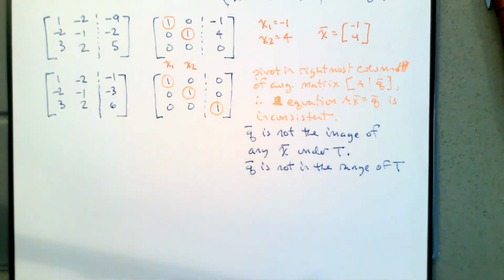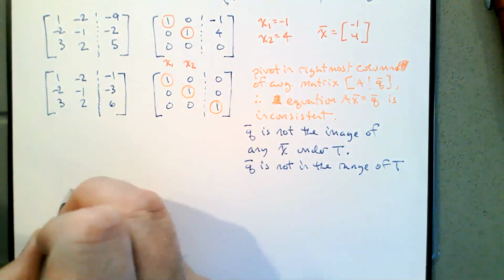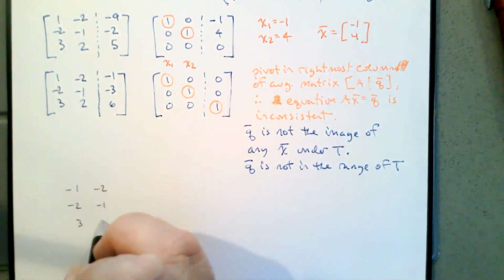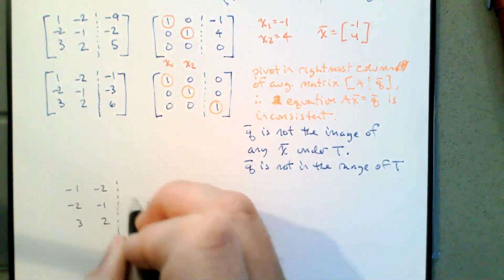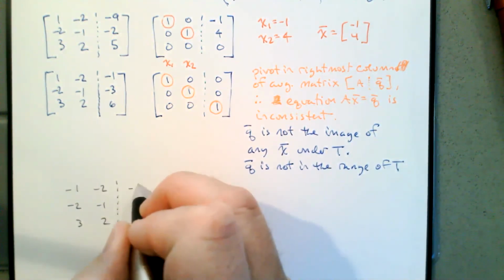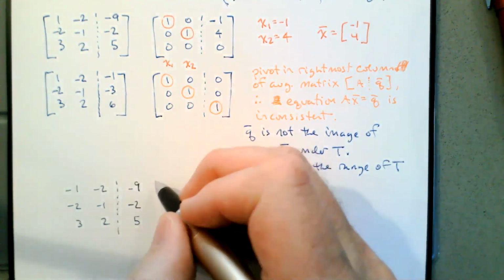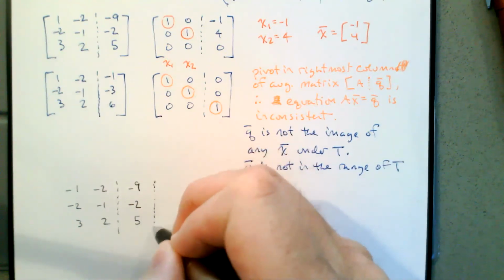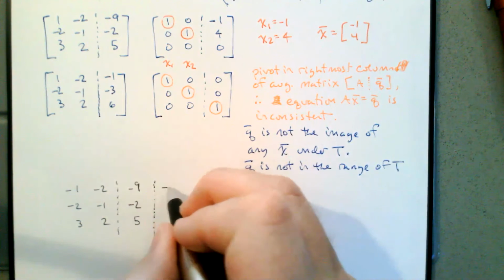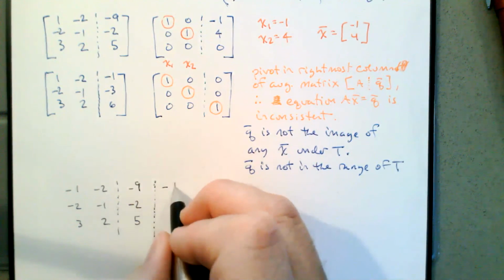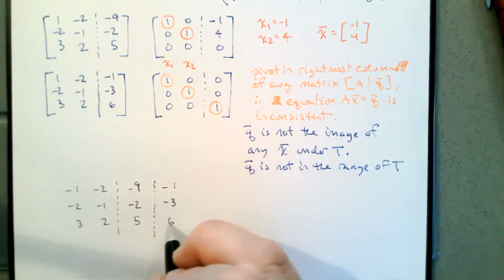So if I make a matrix -1, -2, 3, -2, -1, 2, and I make an augmented matrix and put P in this column, -9, -2, 5. But then I realize I have to solve another equation where I'm just going to replace all the rightmost column. I'm just going to make 2 rightmost columns. Make a super augmented matrix because the row operations are all going to come from these first 2 columns. So I'm going to put Q in kind of my extra augmented matrix.